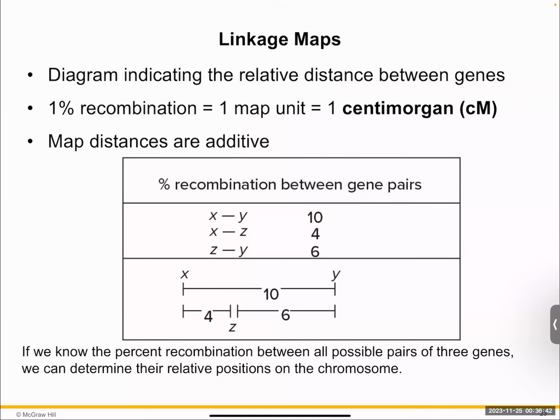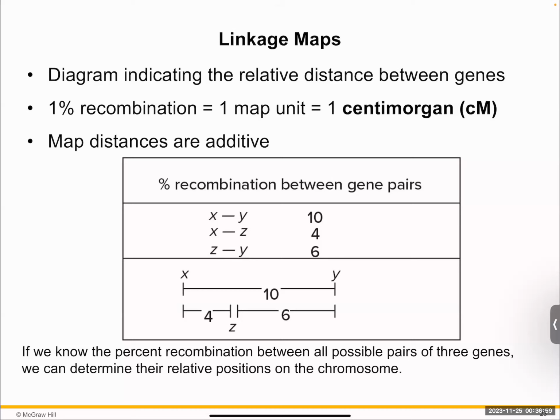Now I'm going to finish with this topic, which is the linkage map. We can use the distances of each gene on the chromosome to figure out how they line up, so basically mapping your chromosome.